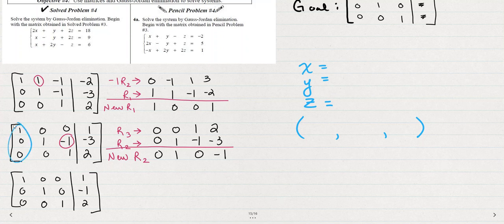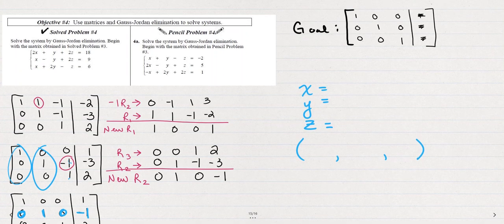So notice, by the way, I've got the first column, second column. Now I need a 0 where this -1 is. I could accomplish that by adding row 3 to row 2. So 1 plus -1 would be 0. Row 3 is 0, 0, 1, 2. Row 2, 0, 1, -1, 3. Adding them, we get 0, 1, 0, -1. Right here, 0, 1, 0, -1.